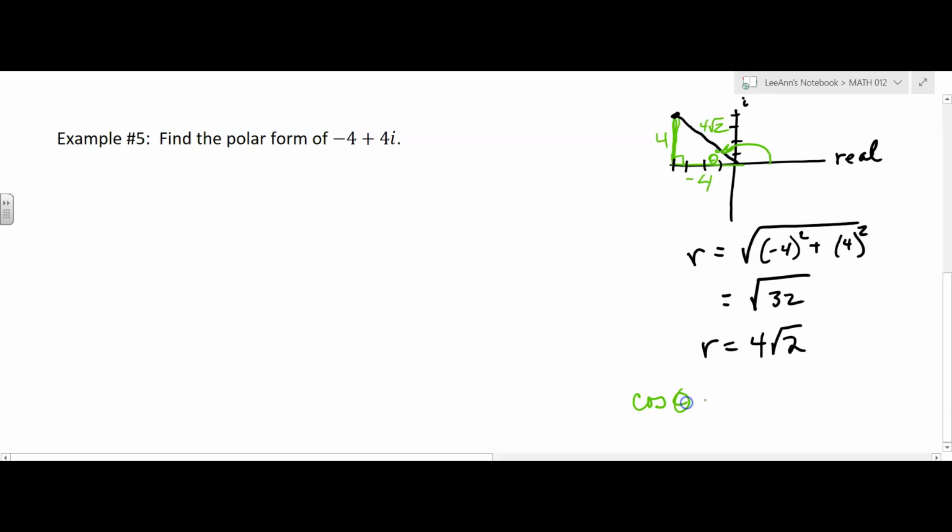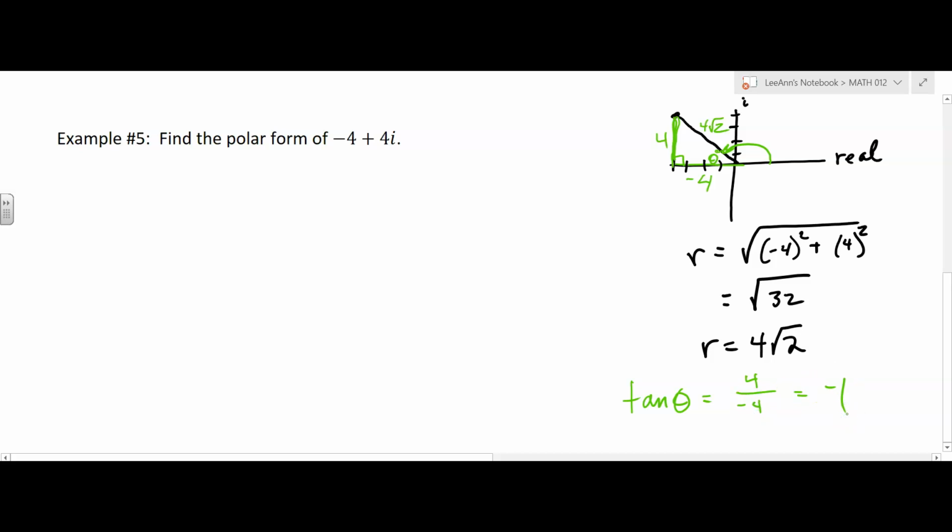So the cosine of theta is going to equal, oh, not cosine. I said I was going to use tangent, didn't I? I was all set to use tangent in my mind. Okay, so the tangent of theta is going to be the y, 4, over the x, -4, which is -1.